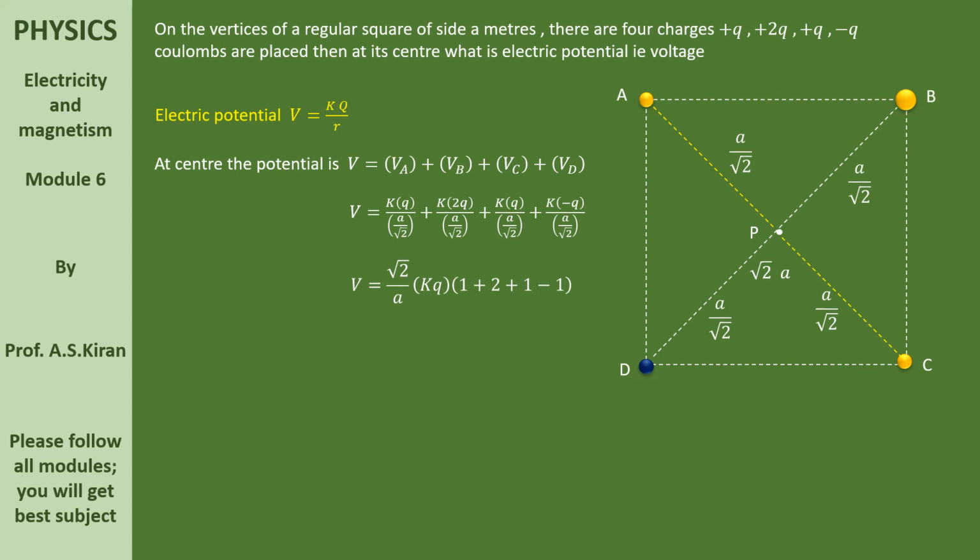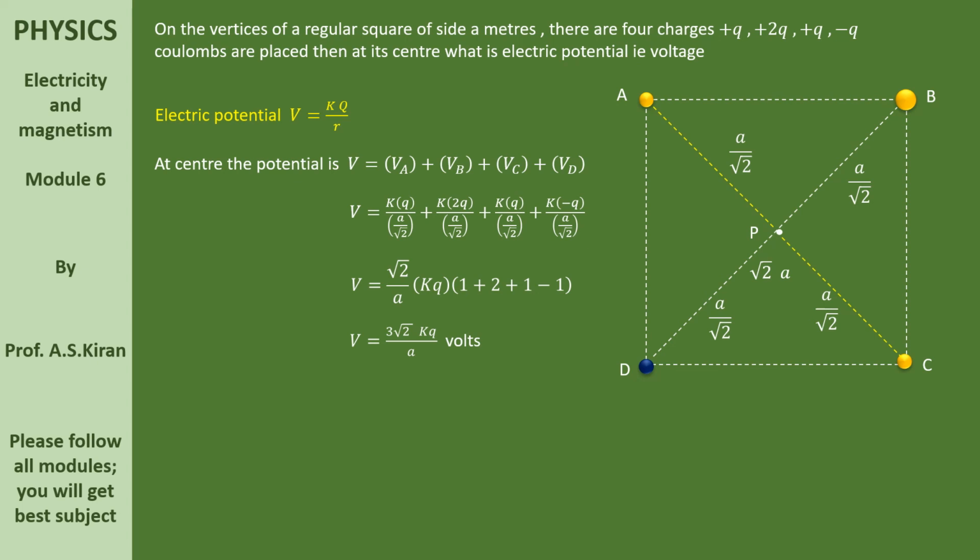So the potential V is equal to root 2 by A kq into 1 plus 2 plus 1 plus minus 1. The result is V is equal to 3 root 2 kq by A. What is the unit for potential? Volts. Of course, we do call it voltage.